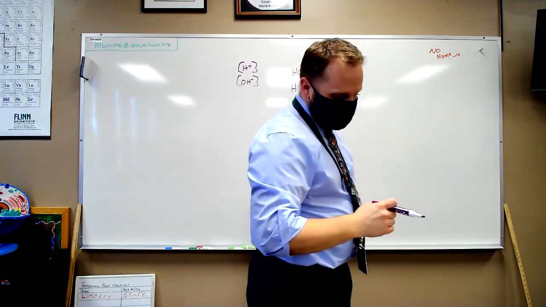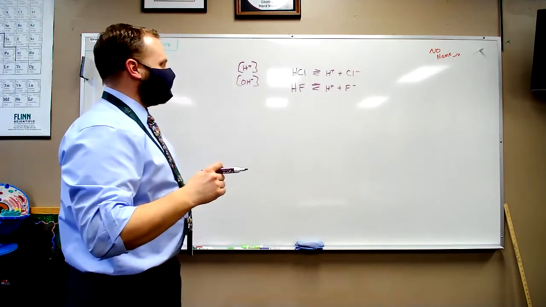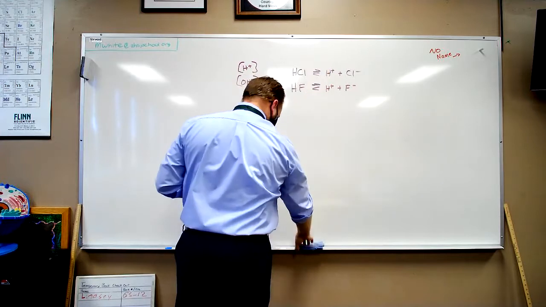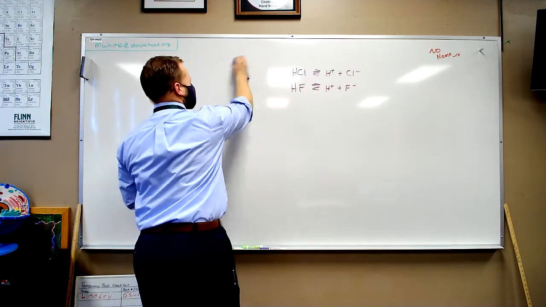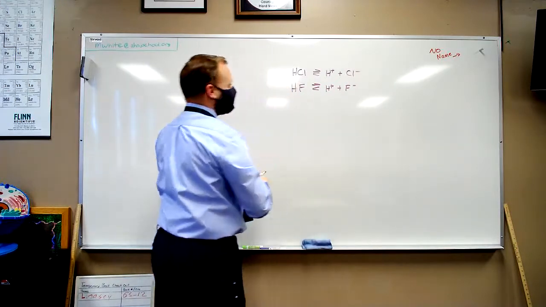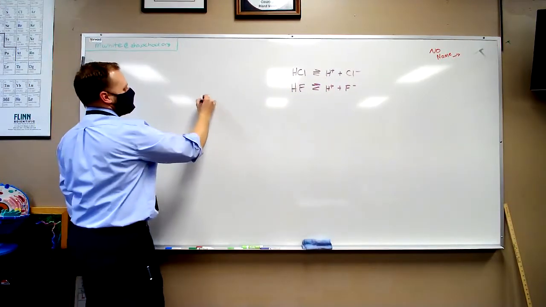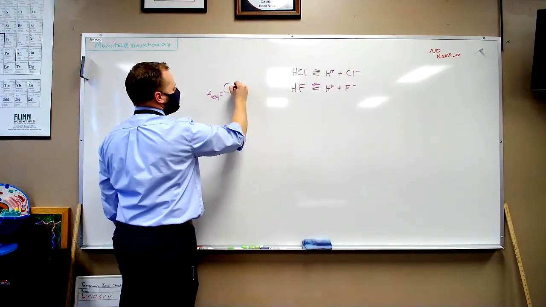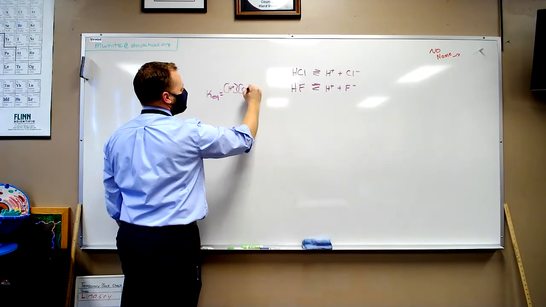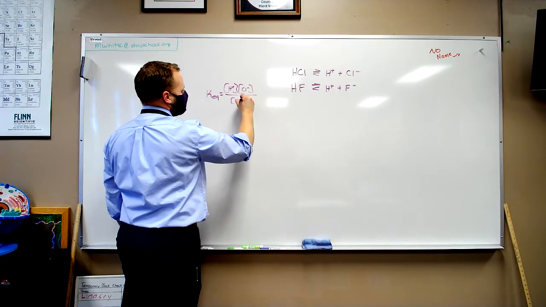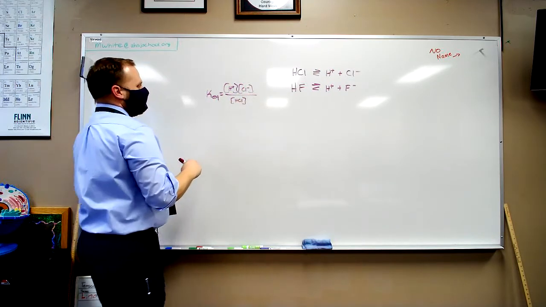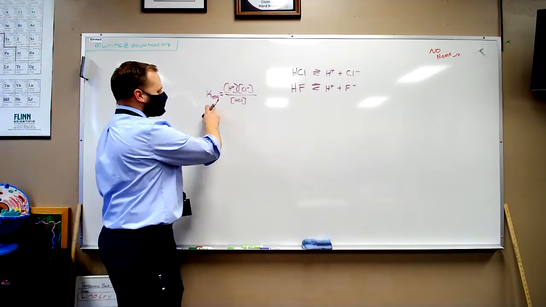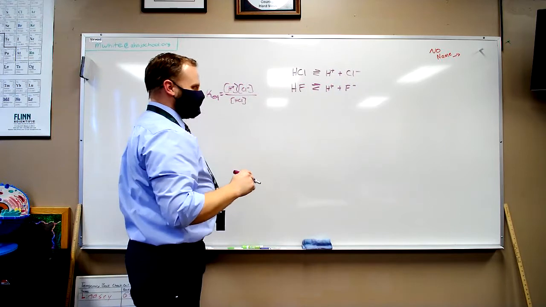Now, if you notice, we have these double-sided arrows, okay? Which means we're dealing with an equilibrium situation, which means we can write equilibrium constants. So if we look at this, we've got this equilibrium constant.